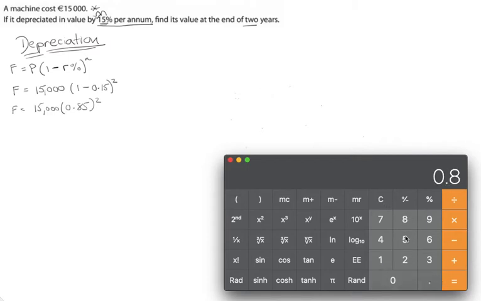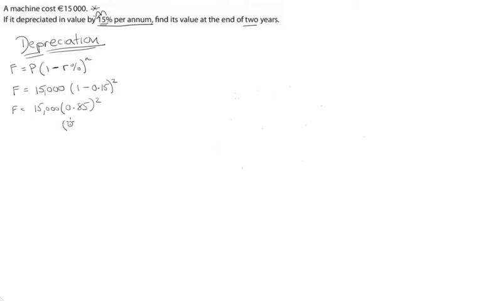We put it to the power of 3 first, but here we're squaring it. So to the power of 2, and that's 0.7225. So I'll just put that over here, 0.7225. This is 0.85 squared.